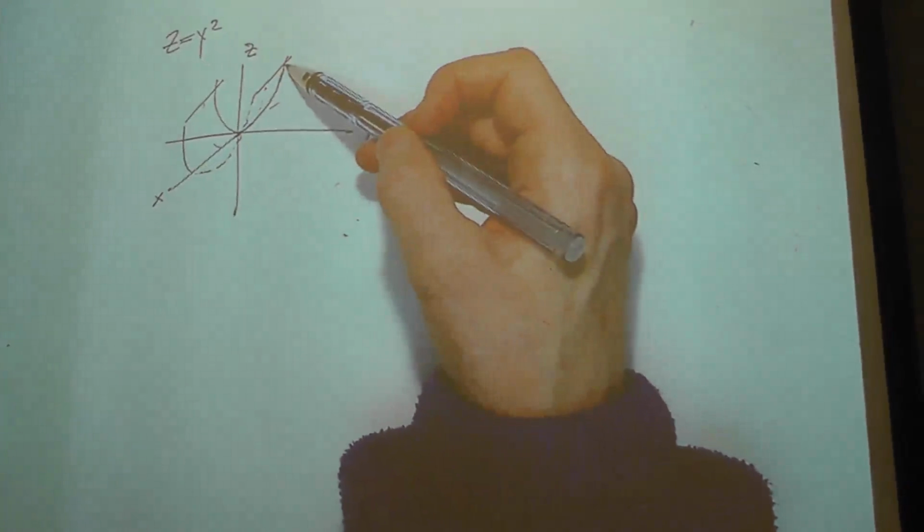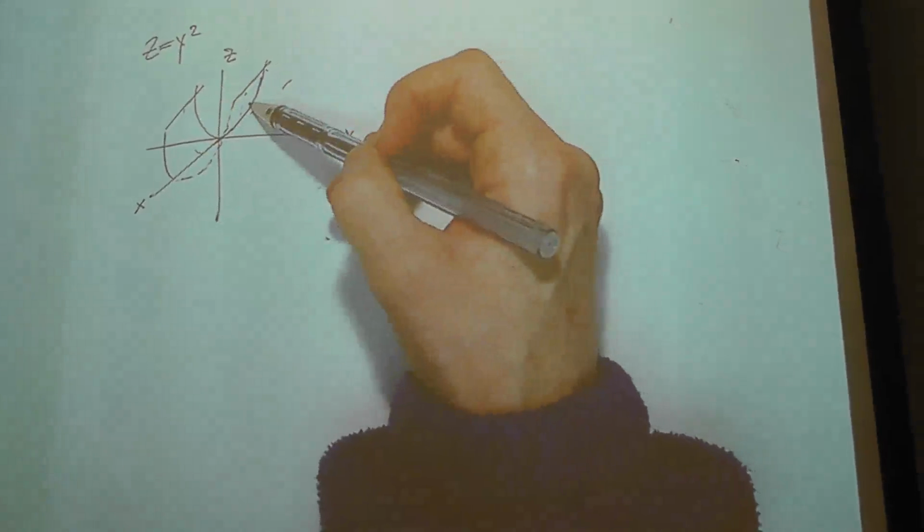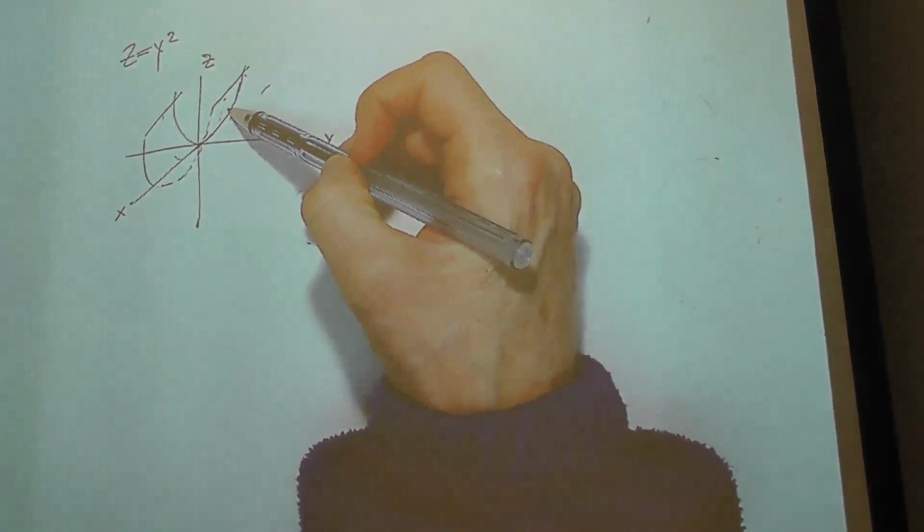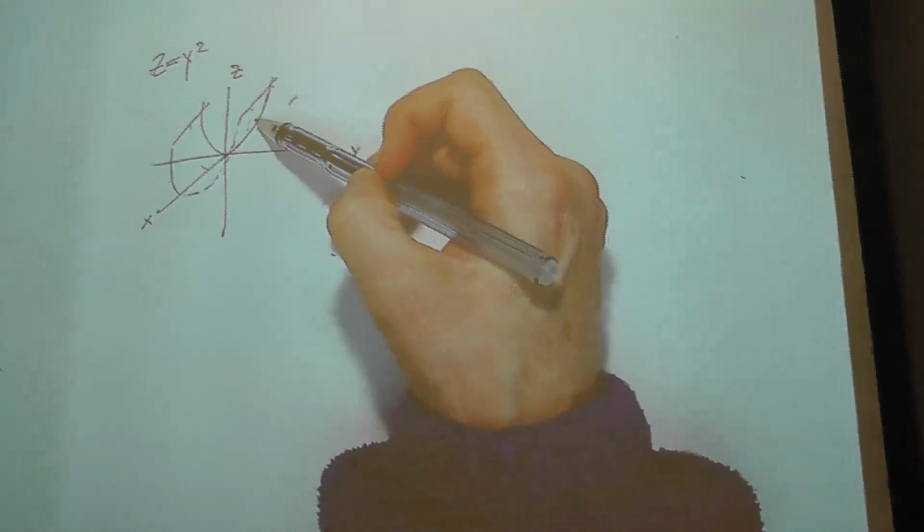So one of the things I want you guys to be able to pick up is orientation. You get a lot of these things that are going to be totally beyond my ability to draw.